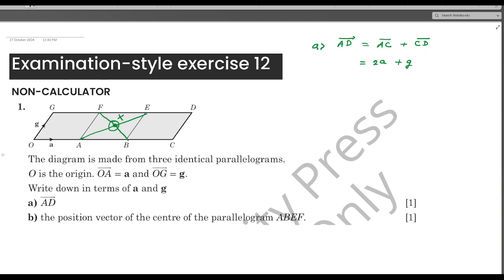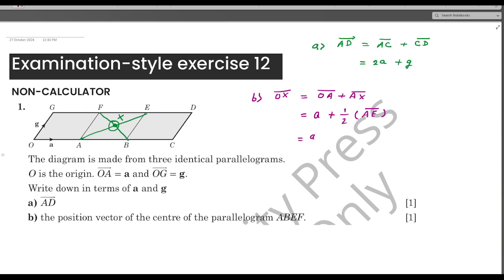Now your OX, let me discuss B part here. Your OX, which you need, is equal to your OA plus AX, right? Now OA is equal to your A, so this is equal to A plus AX, which is half of your AE, because diagonals bisect each other.